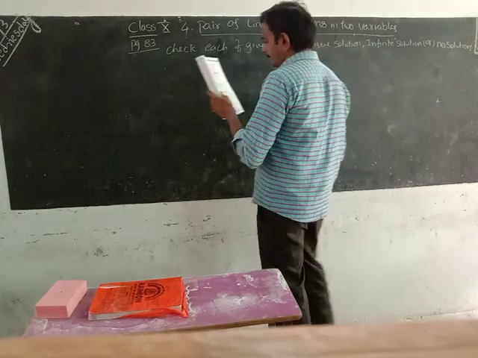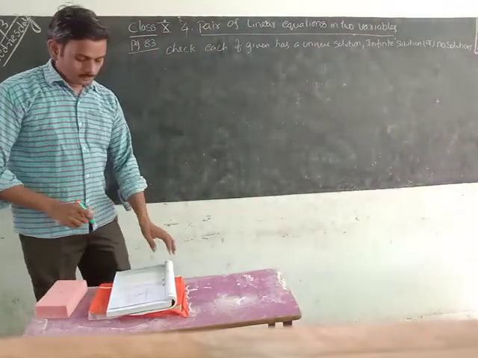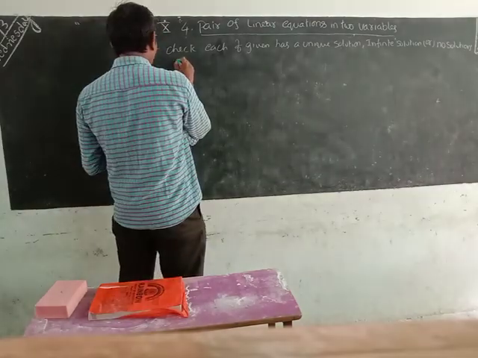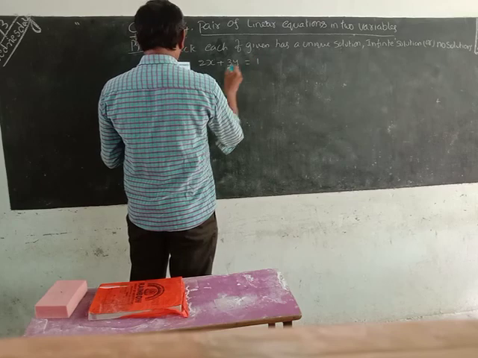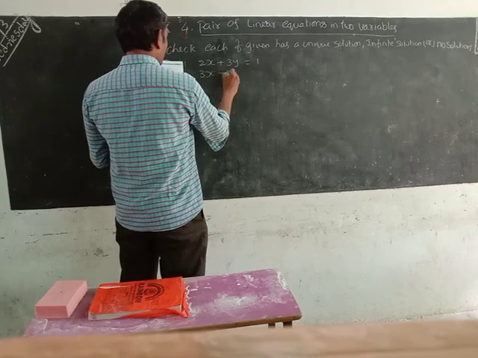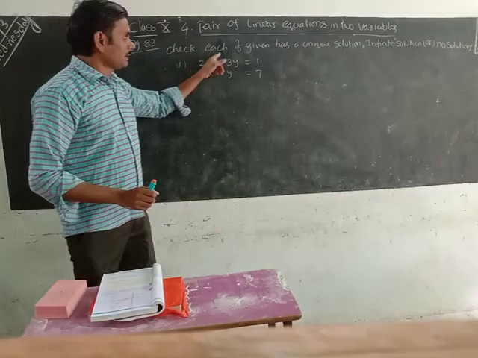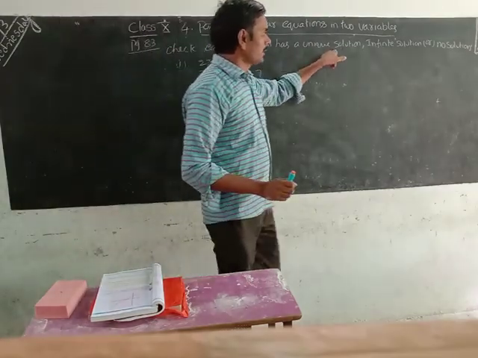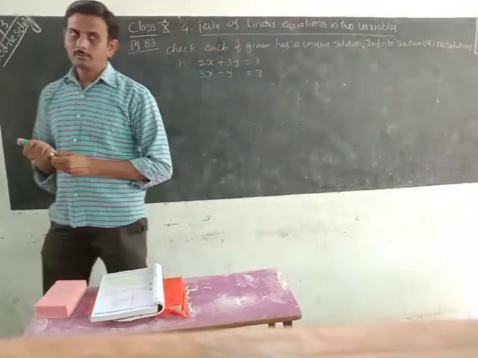For example, I take the first one: 2x plus 3y equal to 1, 3x minus y equal to 7. What is the question here? Check whether each given system has a unique solution, infinite solutions, or no solution.